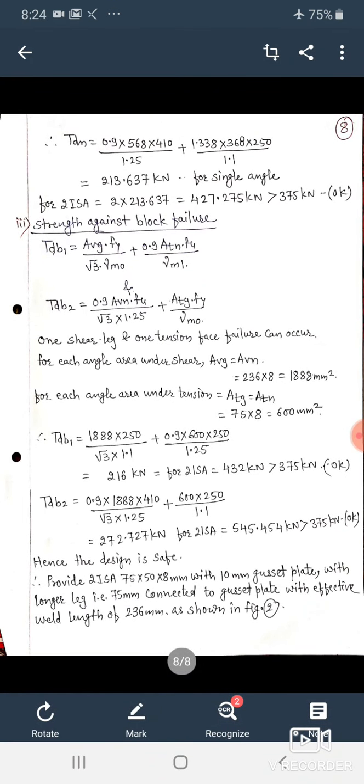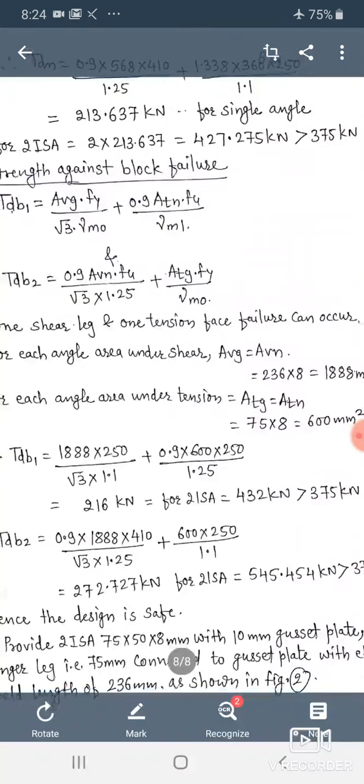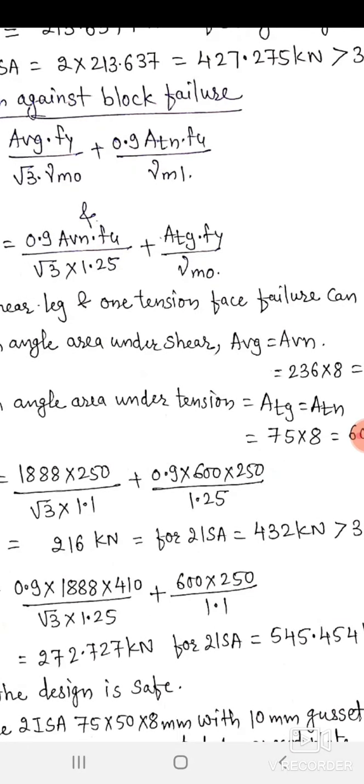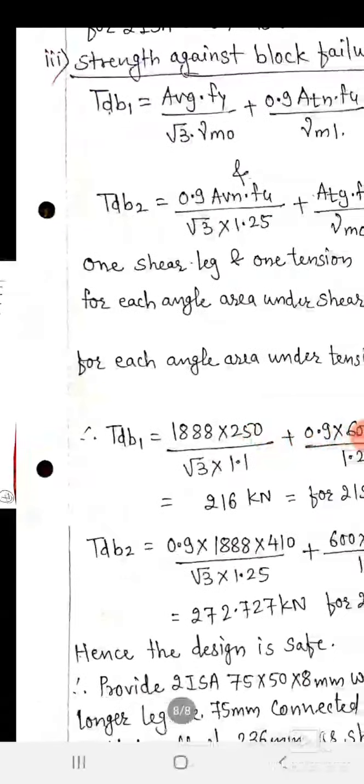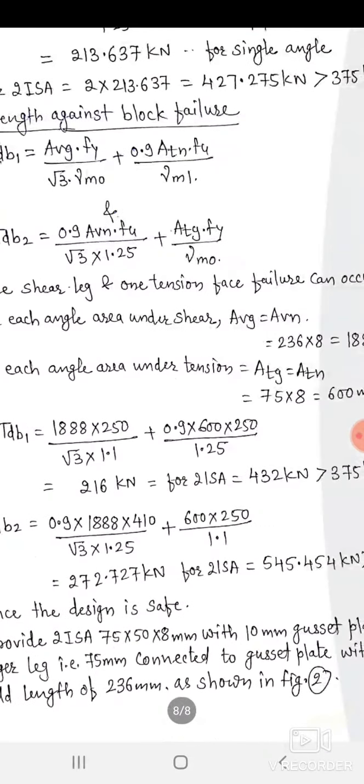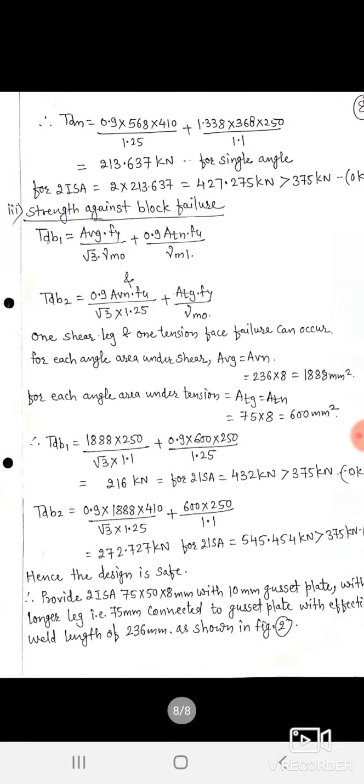Next is the strength against block failure. The formula as usual, TDB1 and TDB2: ABG into Fy upon root 3 gamma m0 plus 0.9 ATN into FU upon gamma m1, and TDB2 is 0.9 AVN into FU upon root 3 into 1.25 plus ATG into FY upon gamma m0. So one shear leg and one tension face failure can occur.